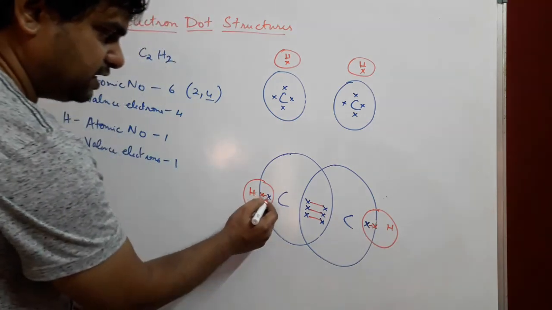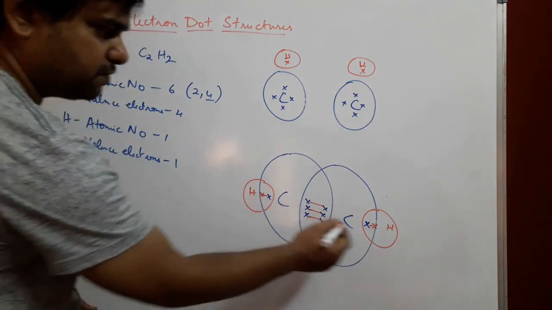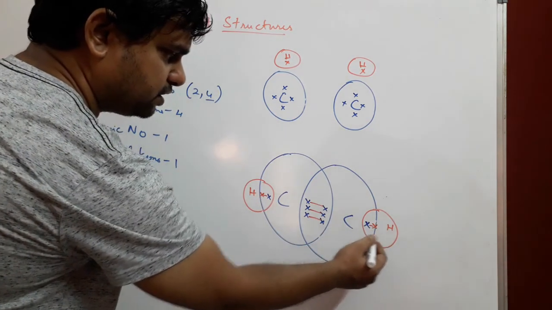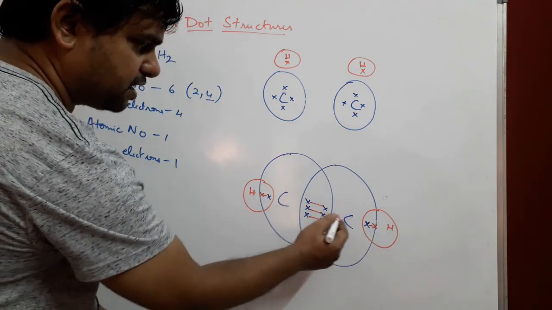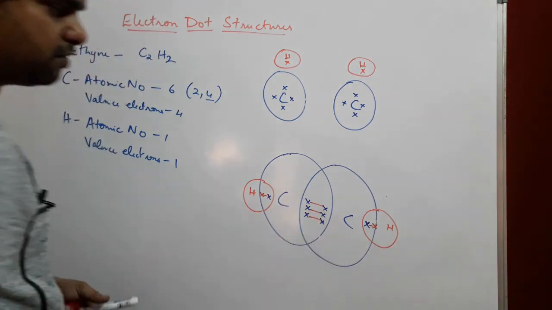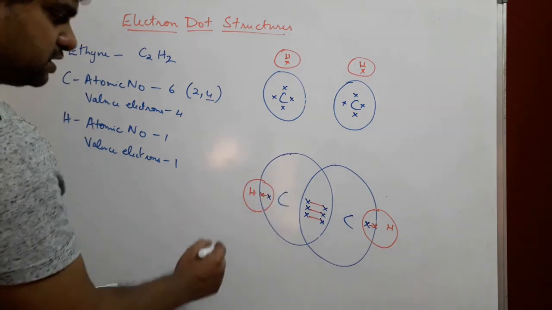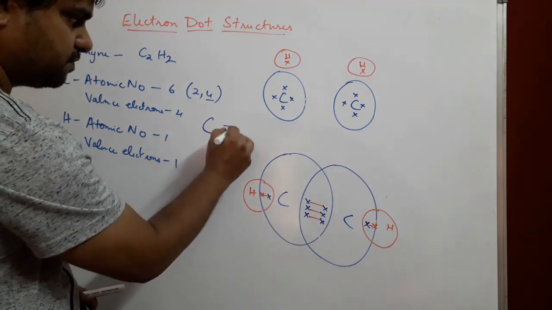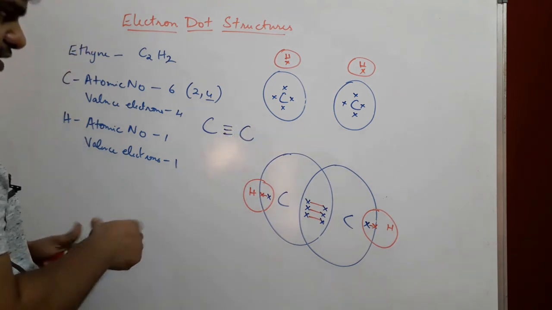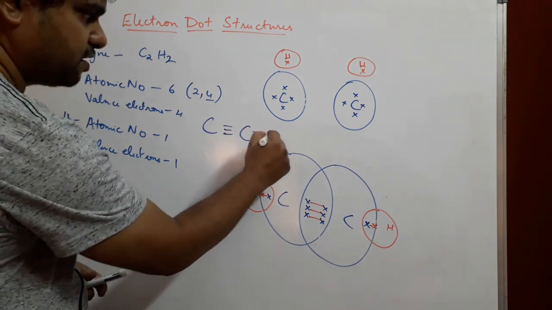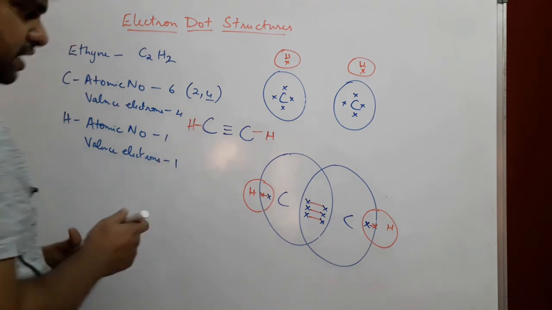So this is a single covalent bond in case of carbon-hydrogen, and in case of carbon-carbon, that's a triple covalent bond formed. So structurally, ethyne looks like this. You have C with a triple bond, and you have hydrogen on either end.